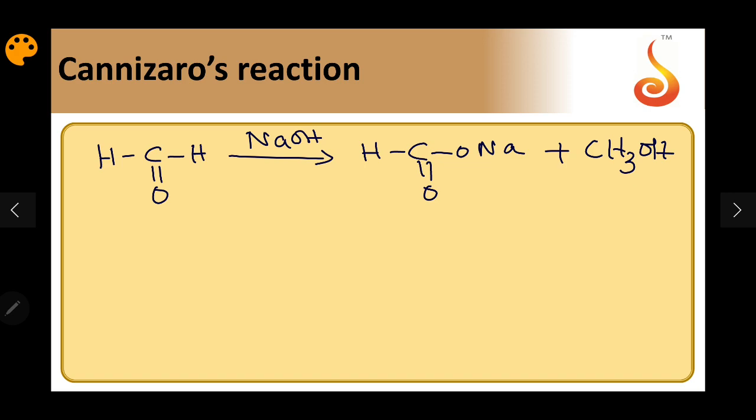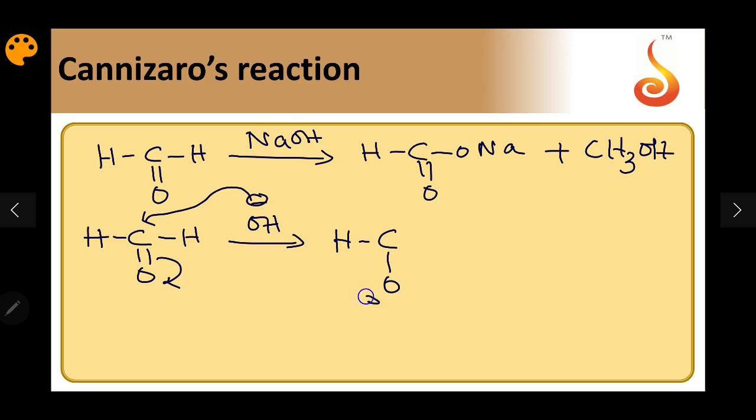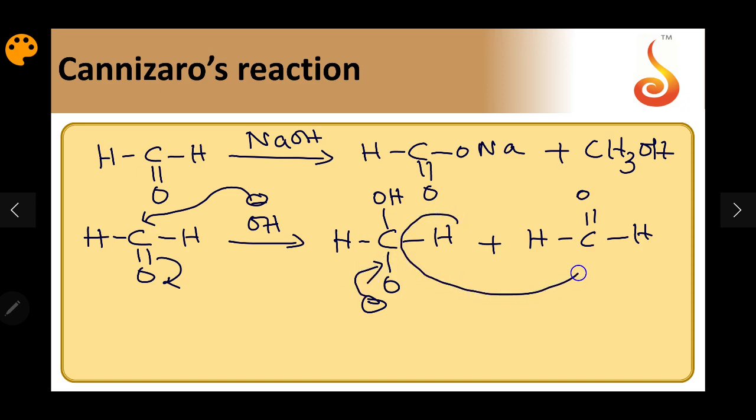So what is the mechanism? So the first step is nucleophilic attack. So OH minus will attack on the carbon, electron pair goes here. So I get HCO minus OH and H. Now here the reaction is slightly different. This O minus will come back to form the double bond and one of the hydrides is transferred to the second molecule, and this is the RDS of the reaction.